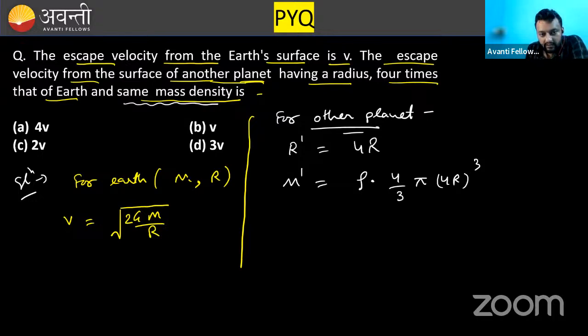And for Earth, v is equal to root of 2G times the mass of the Earth. Let's suppose the density of both is rho, into the volume of Earth, 4 by 3 pi r cubed, and r is already there.